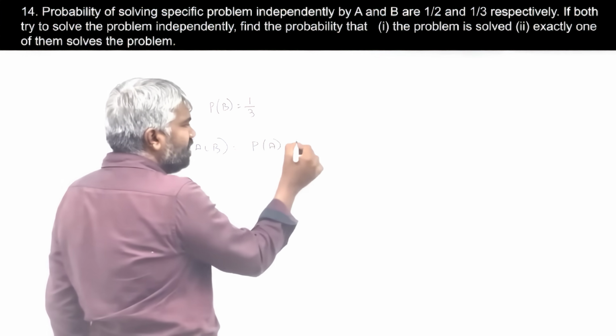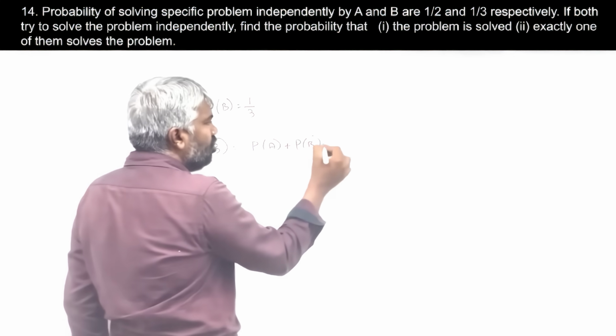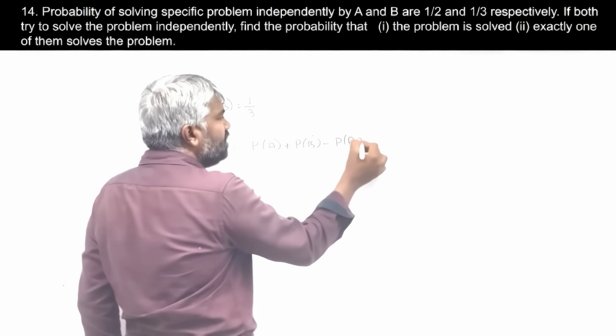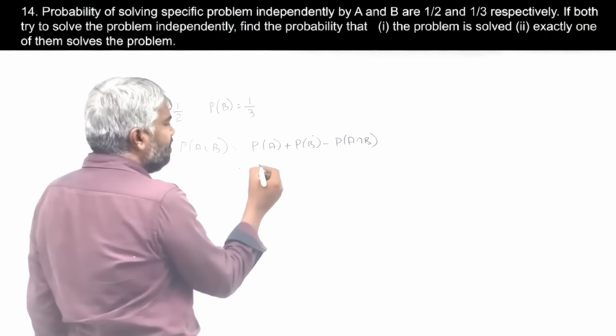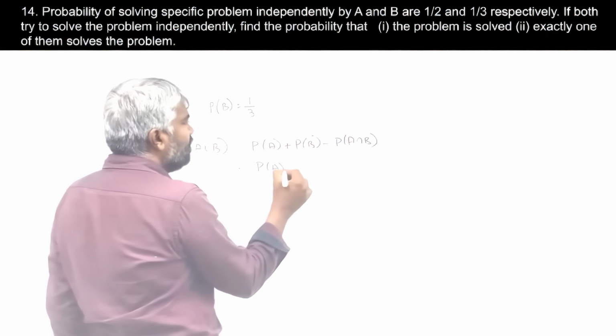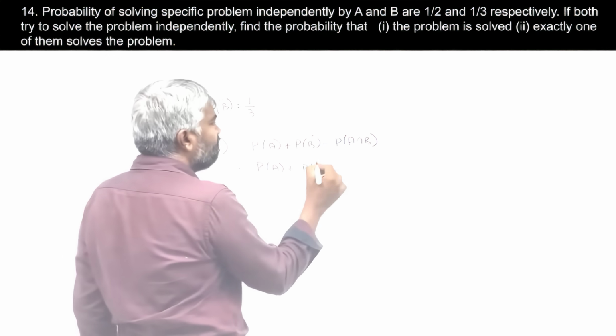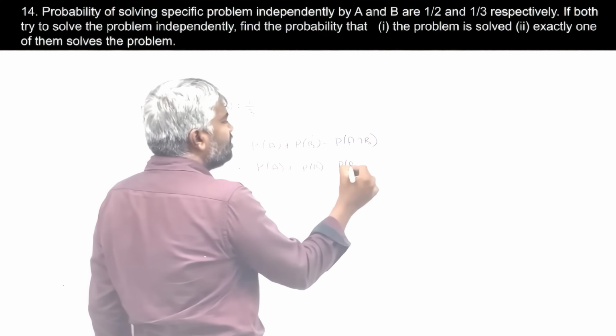What is A union B? It could be solved by A, or it could be solved by B, or it is A intersection B. Since they said it is independent, this can be taken as P of A plus P of B minus P of A intersection B. What is P of A intersection B?